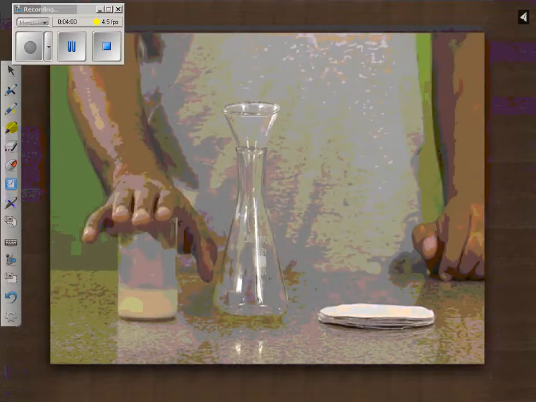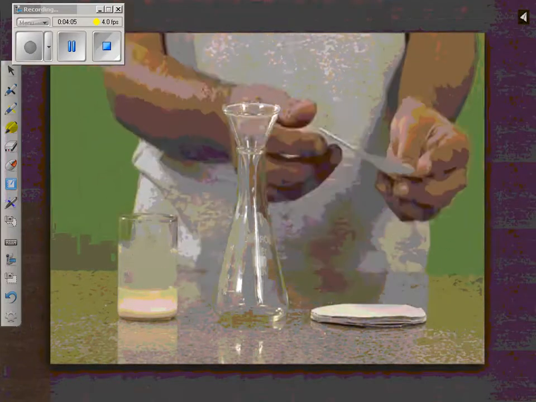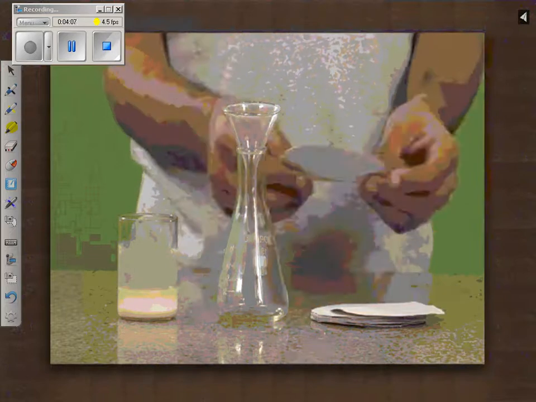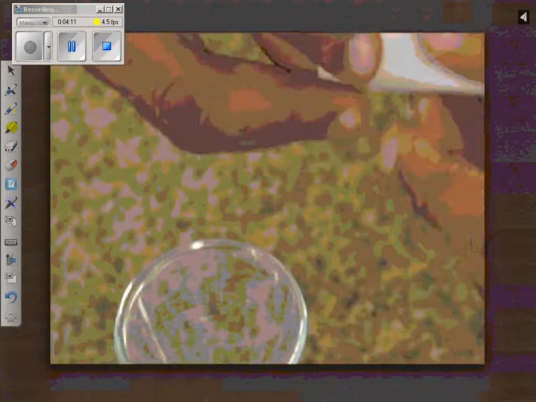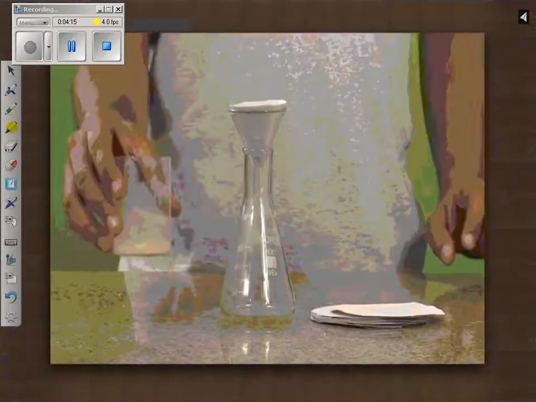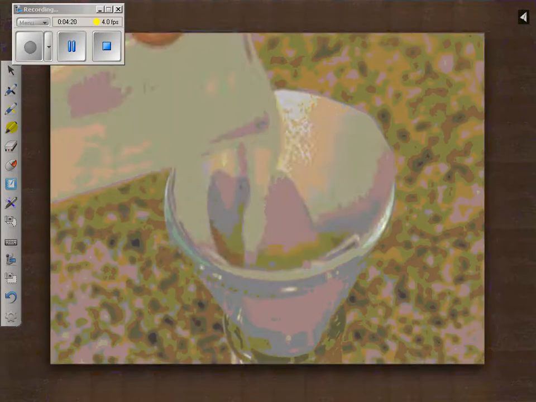Let us see how a filter paper separates undissolved solids from the mixture of wheat flour and water. We need a mixture of wheat flour and water, conical flask, funnel, and a filter paper. Fold the filter paper in the form of a cone and fix it on the funnel. Pour the mixture of wheat flour and water on the filter paper.